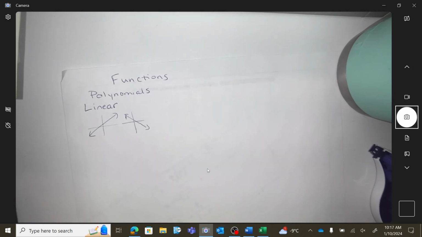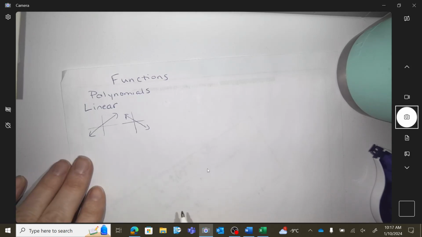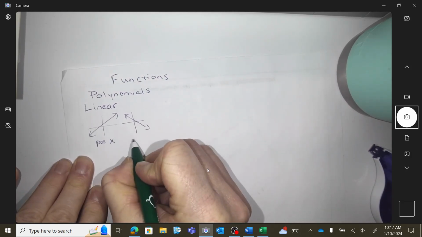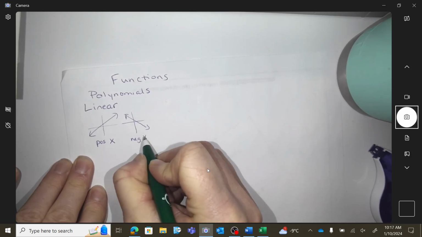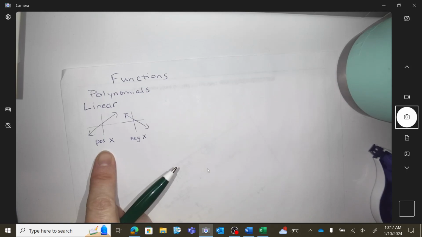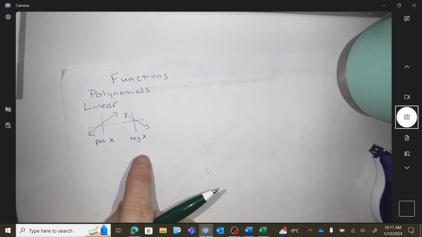Right? Linear. You either look like that or like that. So this is a positive x in your function, and this would have a negative x in your function, right?